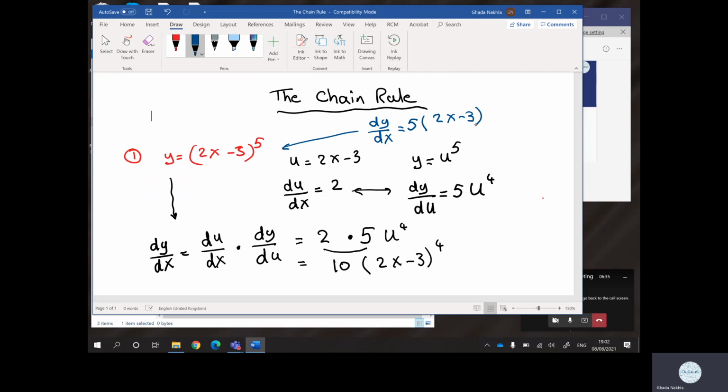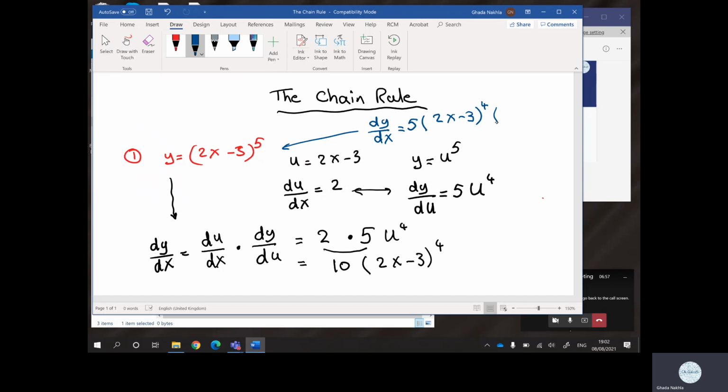When you differentiate, you decrease the power. So 5 minus 1, which is 4, so the power of the bracket will be 4. So 5, and then the bracket to the power of 4, which is 1 less, and then multiplied by the derivative of what's inside the bracket, or basically differentiate what's inside the bracket and multiply by whatever you've got.